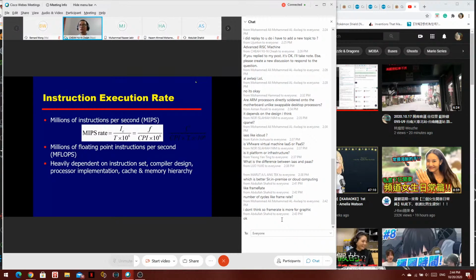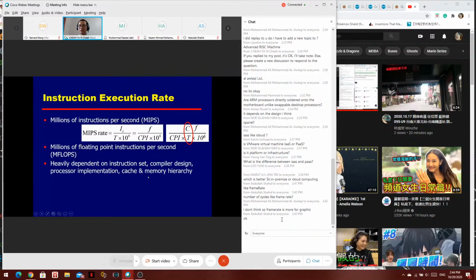Now, how do we get this f over CPI times 10 to the power of 6? If you notice, f is actually cycles per second, correct? F, remember, is frequency, cycles per second. You measure it in hertz, right? So the f there is cycles per second.